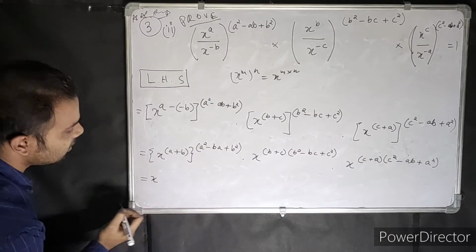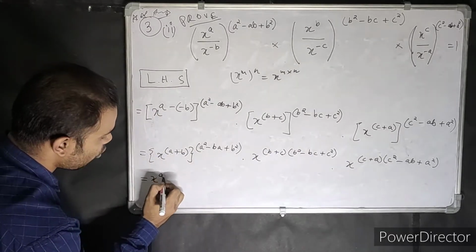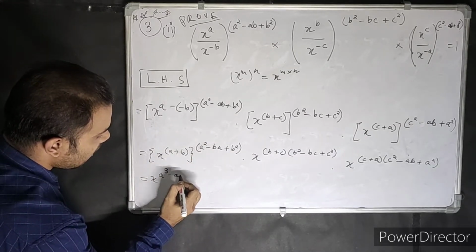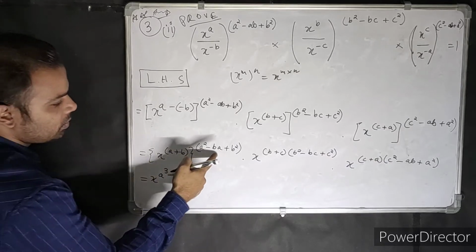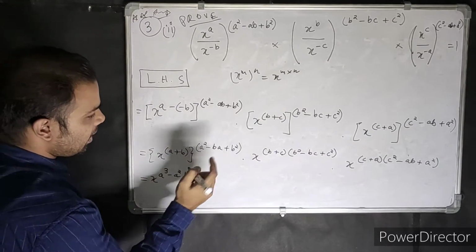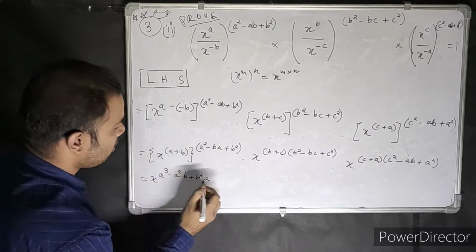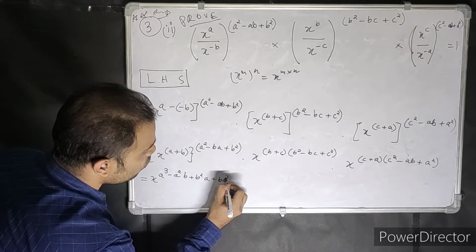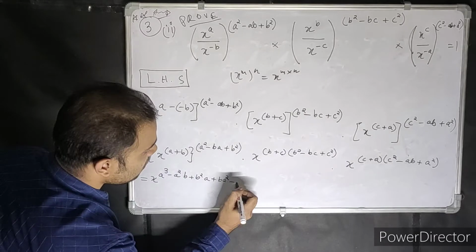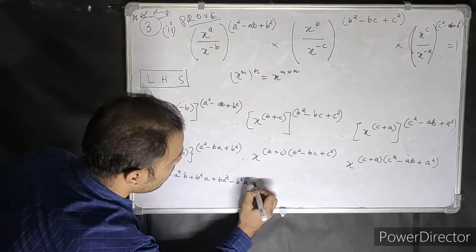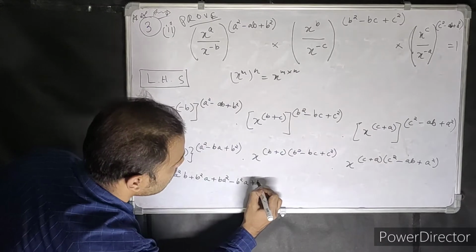That is x to the power a cube, then minus a square b, then plus b square a, then plus b a square, then minus b square a, plus b cube.